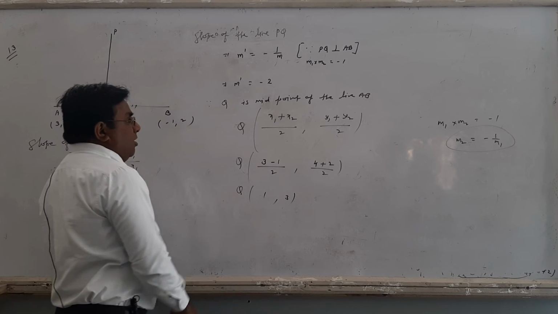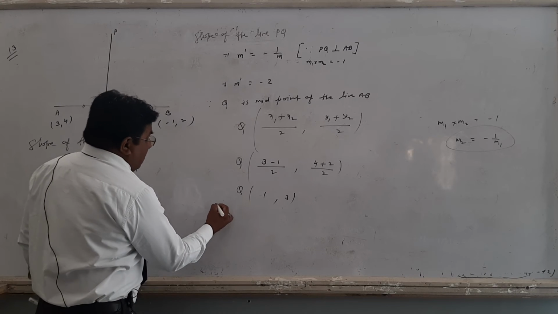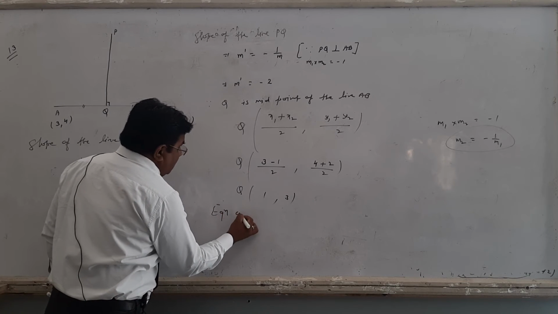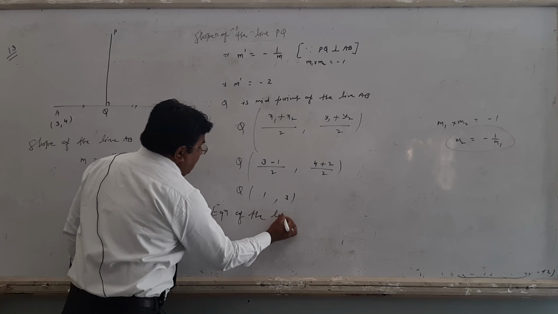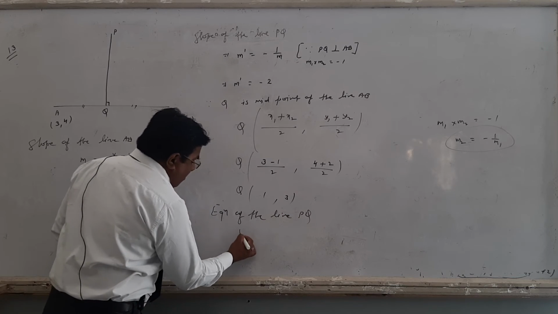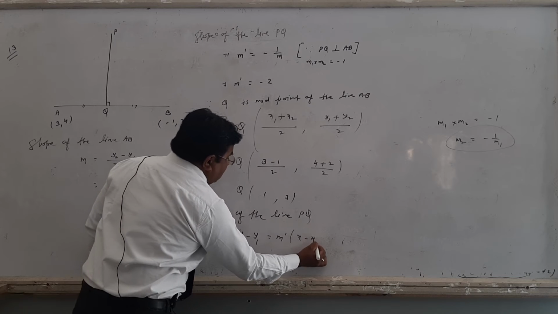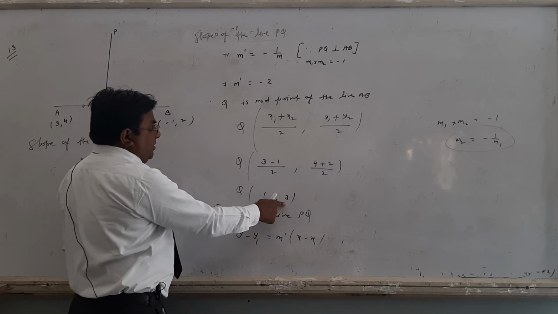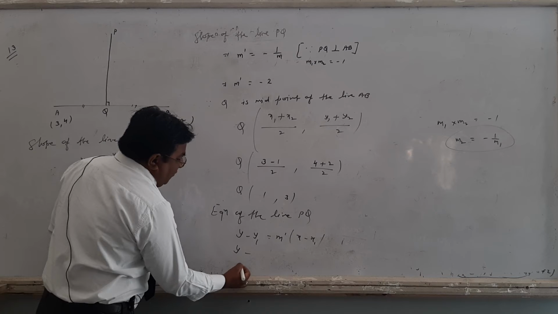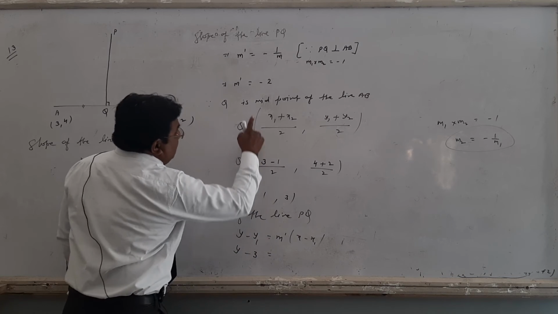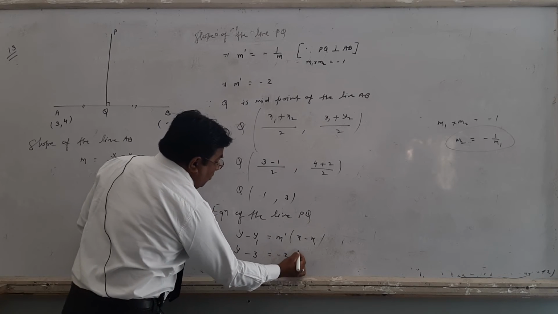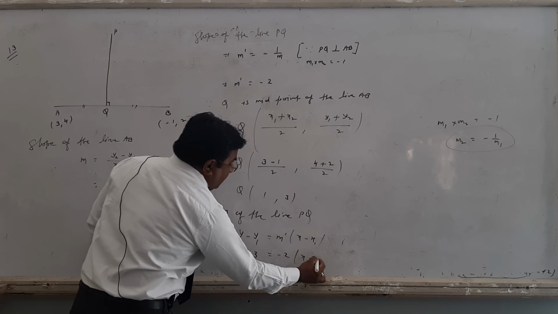This is the point. The point is given, the slope is given. Now the equation of the line PQ. The formula is y minus y1 equals m times (x minus x1), where x1 is 1, y1 is 3. So y minus 3, m, the slope of line PQ, is -2, and x minus x1 is x minus 1.